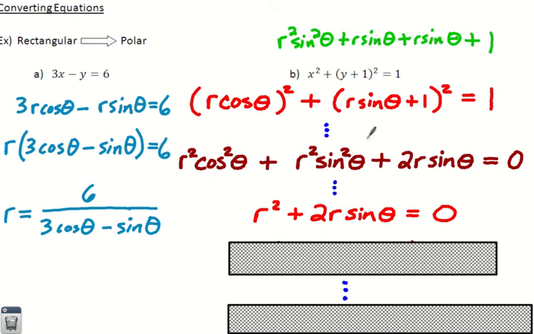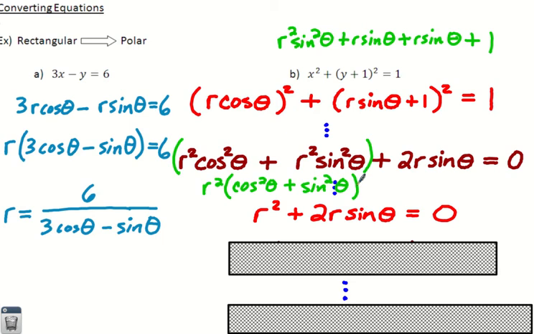So just looking at those 2 terms, what if I factored out an r squared just from those two terms? Look what I have left over in the bubble. Cosine squared plus sine squared, which, do you remember what that equals?